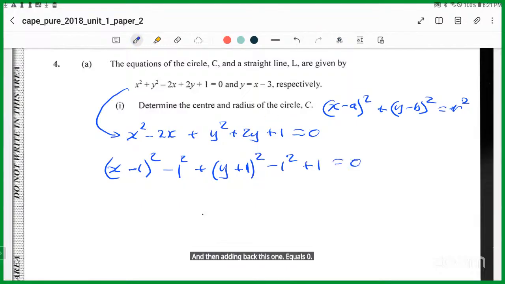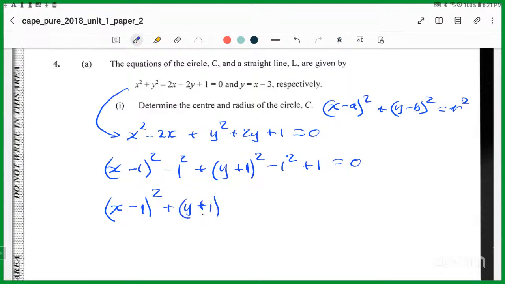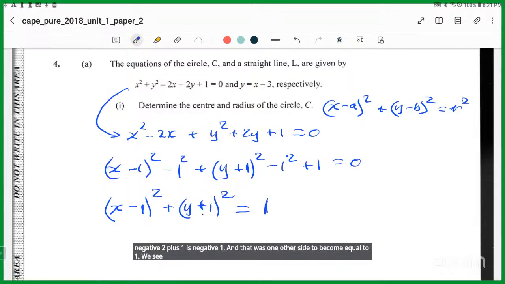So this becomes x minus 1 squared and y plus 1 squared. This is minus 1 and minus 1, which gives negative 2. Negative 2 plus 1 is negative 1, and that goes over to the other side to become equal to 1, which is the same as 1 squared.